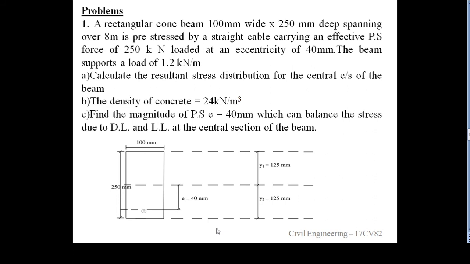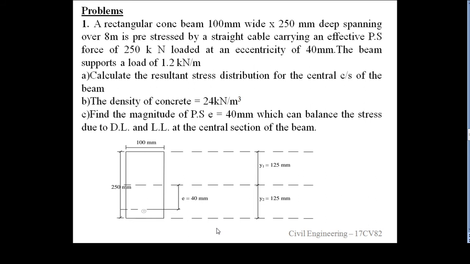The beam supports a load of 1.2 kilonewton per meter, that is UDL load. Calculate the resultant stress distribution for the central cross section of the beam.